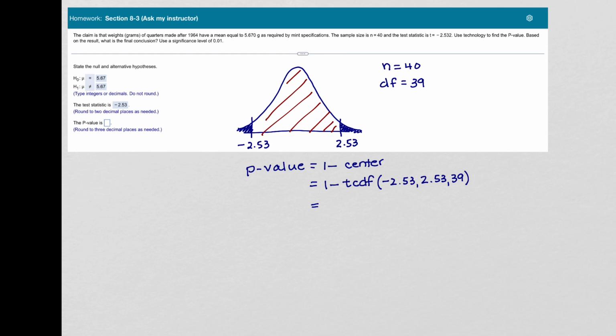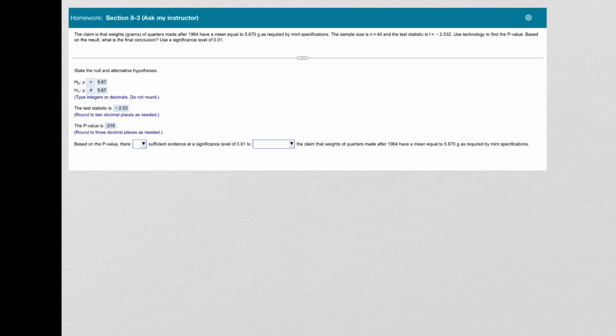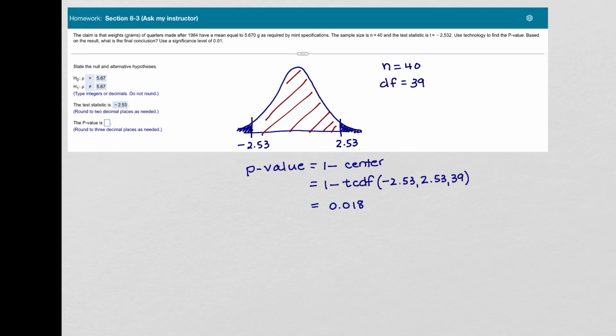And when I calculate that, and we want to round that to 3 decimal places, so I get 0.018. Oh, or 6. Here we go.